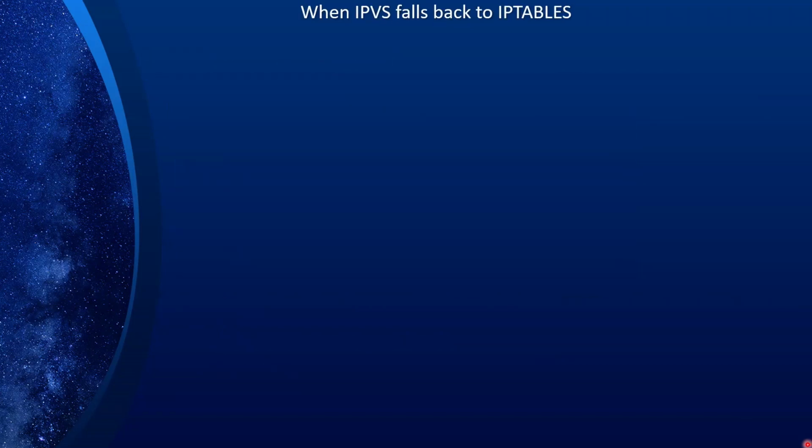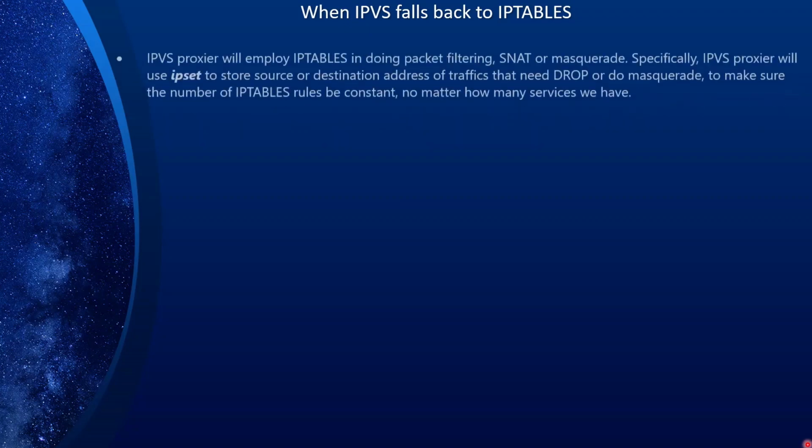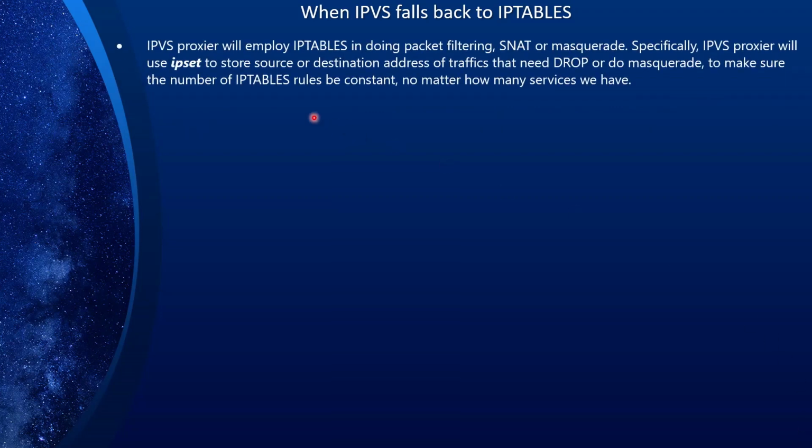So the last topic I wanted to discuss before ending this video is when ipvs falls back to iptables. And it's not as bad as you might think, and we will see why. ipvs will employ iptables in doing packet filtering, SNAT or masquerade.